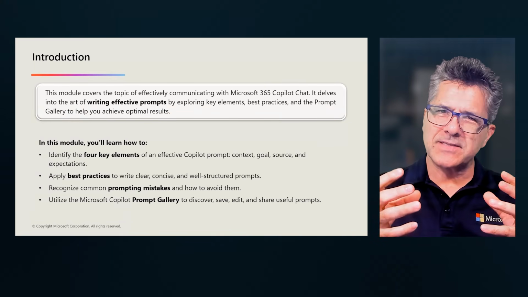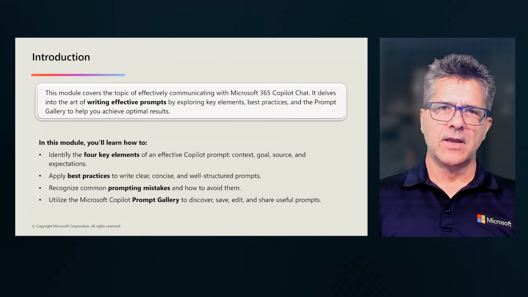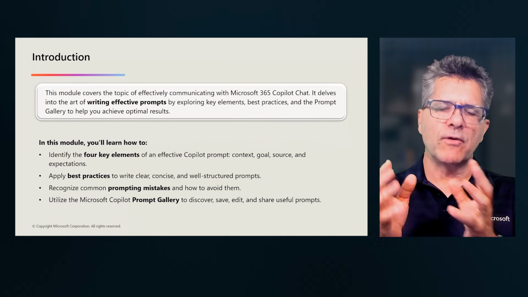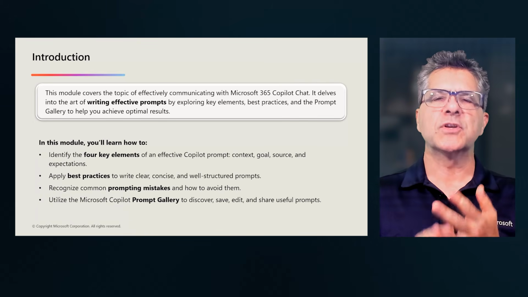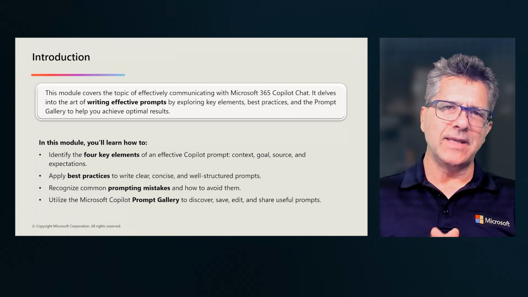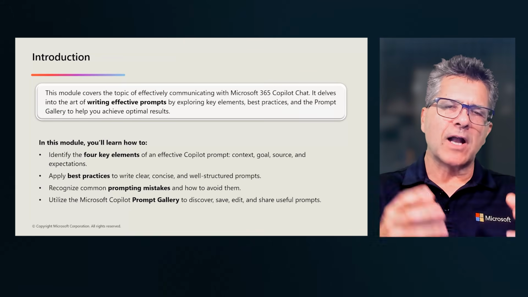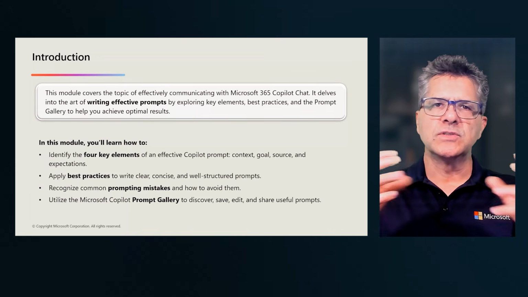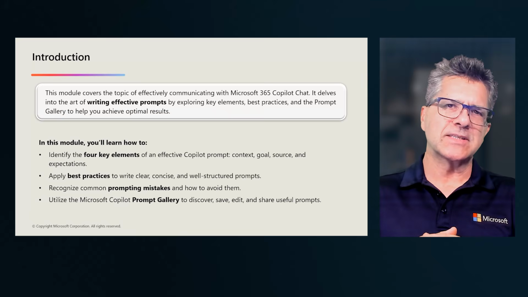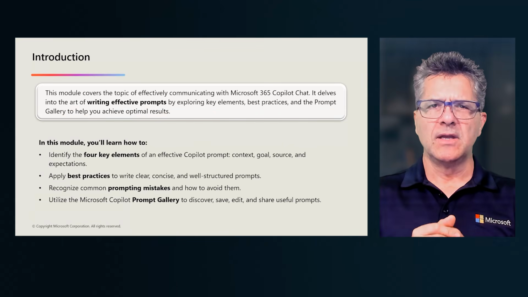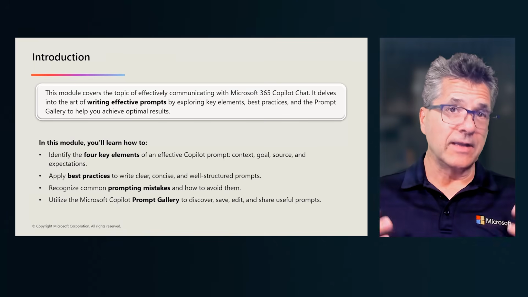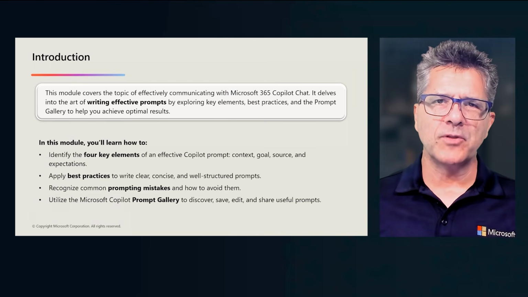There are some elements, there are some best practices. So here we are going to learn about the 4 elements, like the context, the goal, for example, the source, and of course, the expectation. We are going to talk about the best practices and the do's and the don'ts. And we are going to discuss some prompting mistakes, things that we should avoid when we are prompting. And finally, we are going to learn about the prompt gallery.